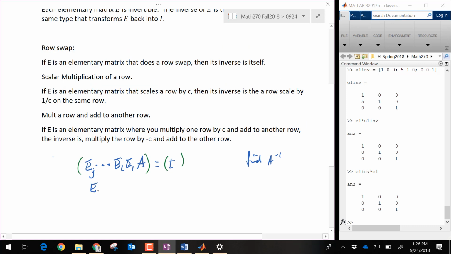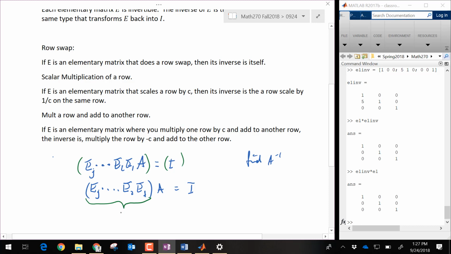I'm going to take a look at the elementary matrices that we've accumulated here. I know that each one of them has an inverse, right? And so if I collect all those elementary matrices, all of them together would also have an inverse.